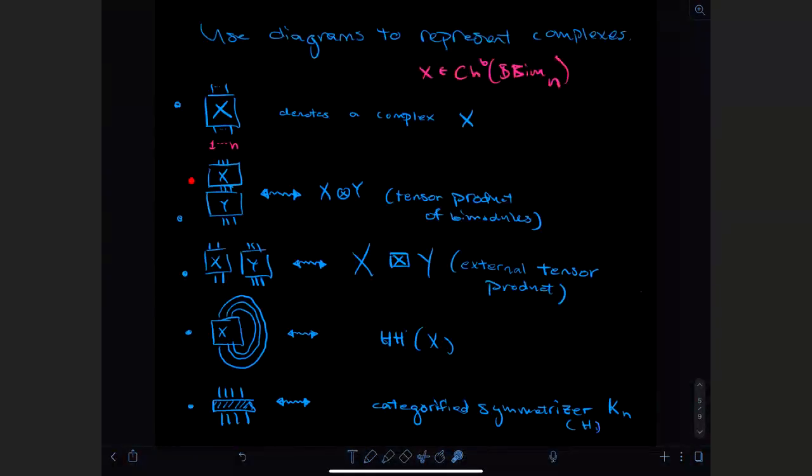Because these things are bimodules, there is a tensor product operation on them, much like the multiplication in the Hecke algebra or braid group. This will be denoted diagrammatically just by vertical concatenation.